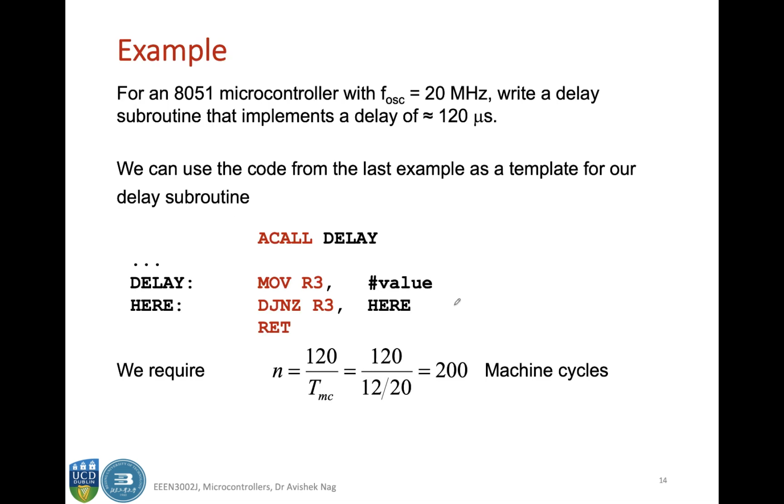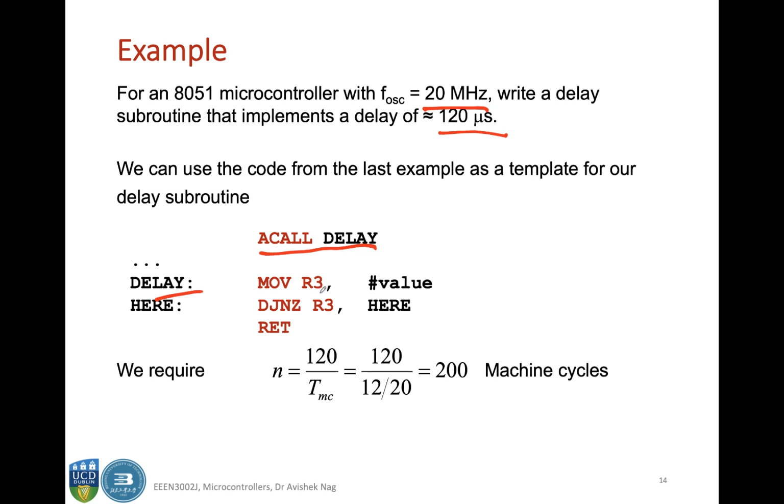So now let us see, if a microcontroller has a crystal oscillator frequency of 20 megahertz, how will you write a delay subroutine that implements a delay of 120 microseconds? So we can use the same code from the last example as a template for our delay subroutine. Everything remains the same in that code, and then we have an ACALL delay that takes you to the delay subroutine.